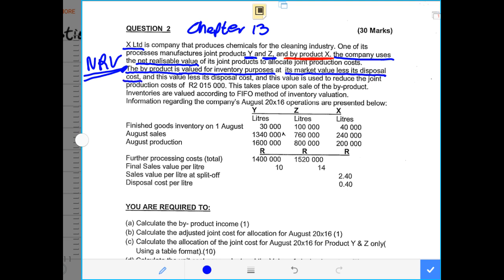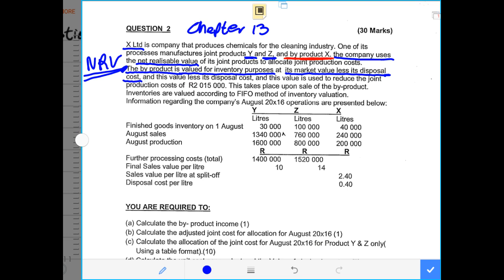That means the value of the inventory of the byproduct will be determined after deducting the disposal cost from the market value. If there are selling costs to sell a byproduct, that must be taken into account when we are calculating the value of the inventory of the byproduct.